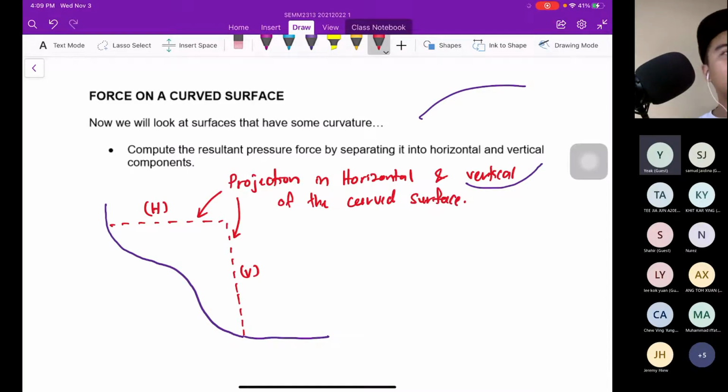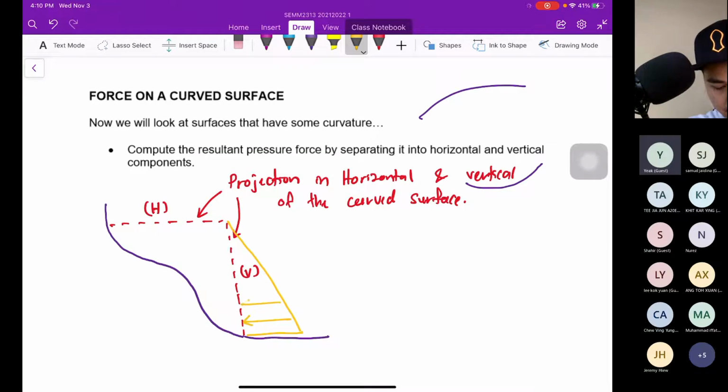Okay, remember that in the last class we dealt with the force on a plane surface submerged in water. It is only the vertical component. That means we have the force like this. I hope you can remember.